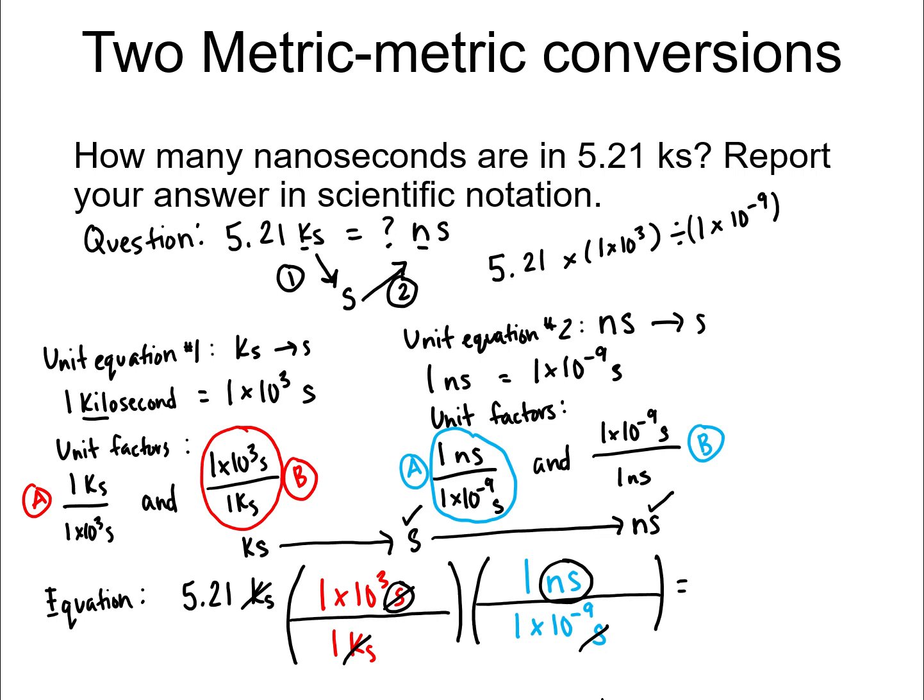Let me know if you're having trouble putting it into your calculator. You should get 5.21 times 10 to the 12th nanoseconds.